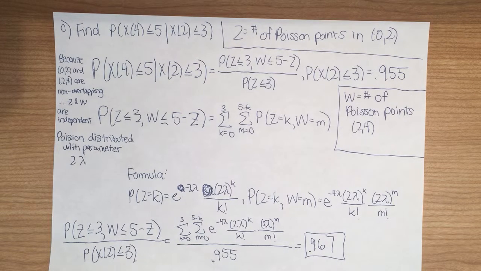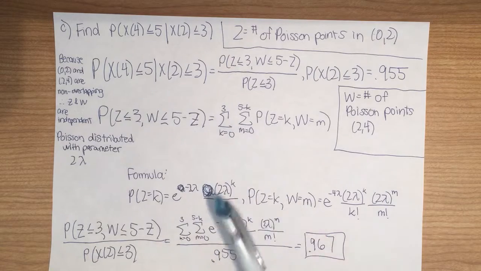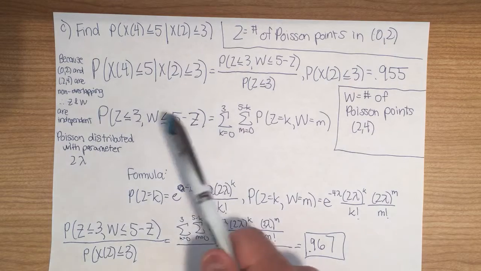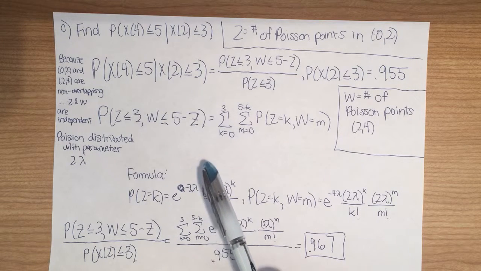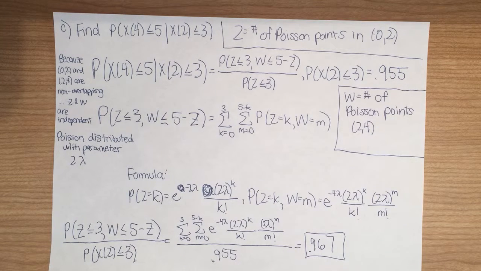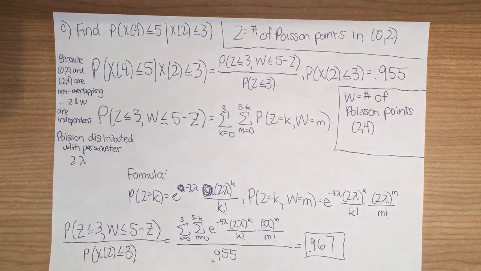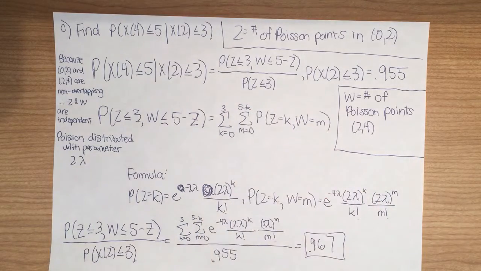So basically, we just work it out now. This top part is equal to the summation from 0 to 3, summation from 0 to 5 minus k. Remember, Z is equal to X(2), where k is equal to this top part, so that's why we can replace 5 minus Z with 5 minus k.